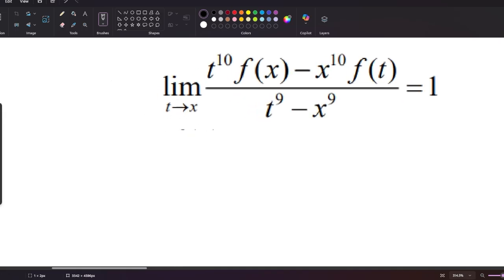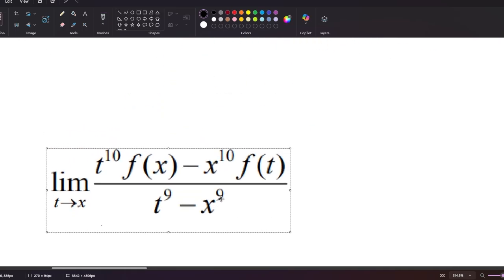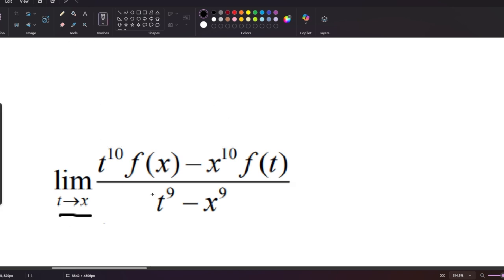So let's work with this limit. If we were to plug in x for t, then it's going to be 0 over 0.